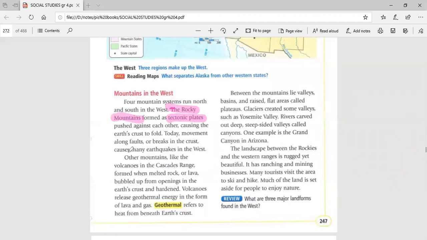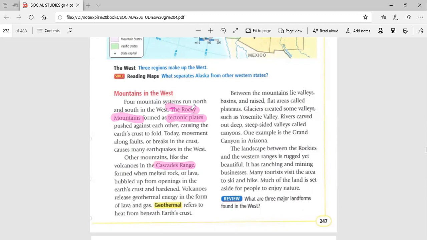What else? We have another mountain range which is called the Cascades Mountain Range. These kinds of mountains are formed because of the volcanoes. When volcanoes erupt, so much melted rock or lava bubbles, and when this lava hardens, it forms the Cascades Range.